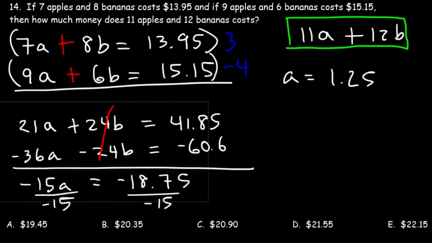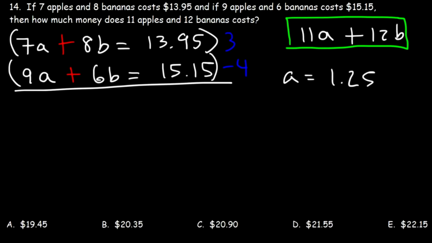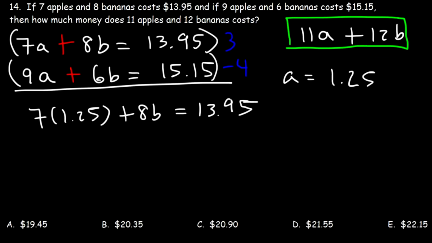So now that we have that, let's calculate the cost of each banana. And let's use the first equation to do that. So 7a, or 7 times 1.25, plus 8b is equal to 13.95. So 7 apples cost $8.75.